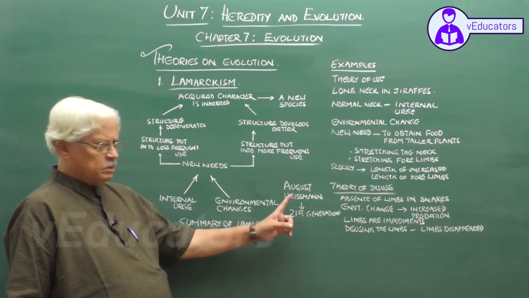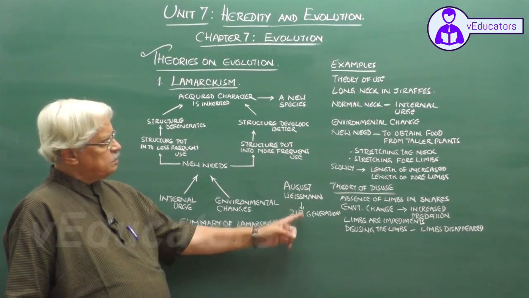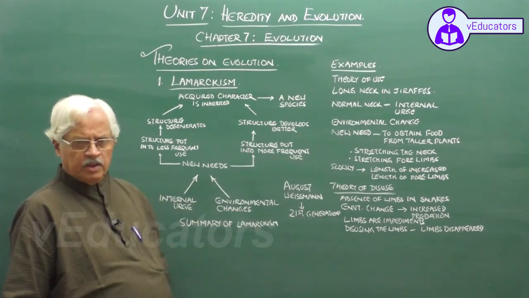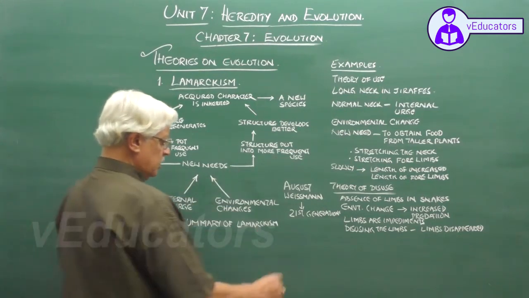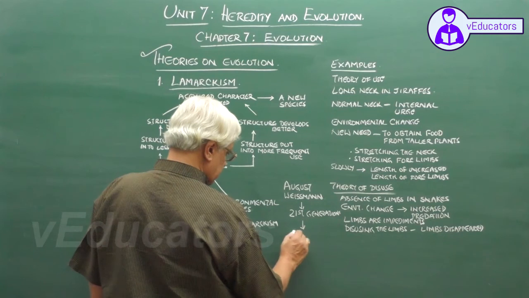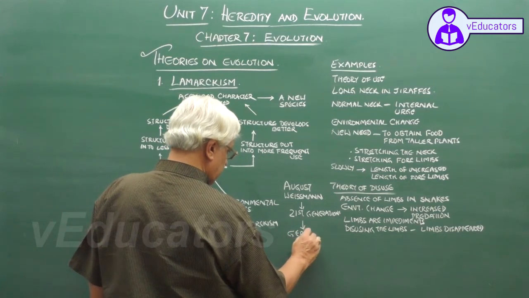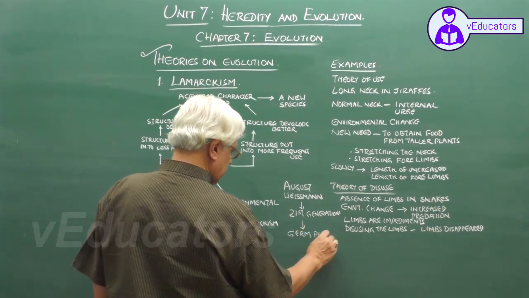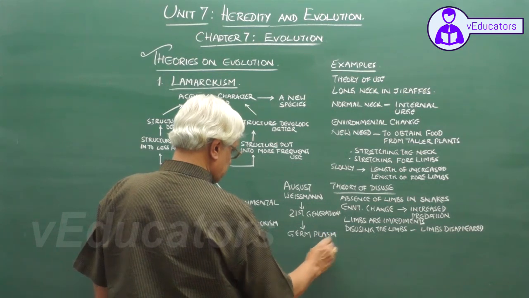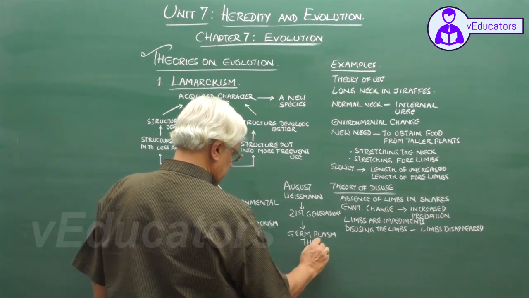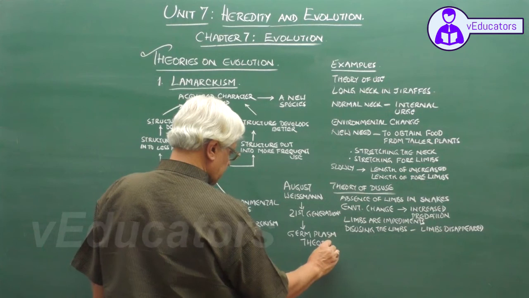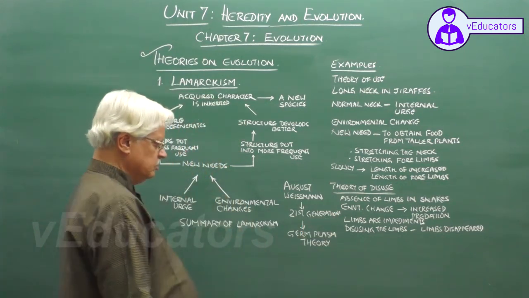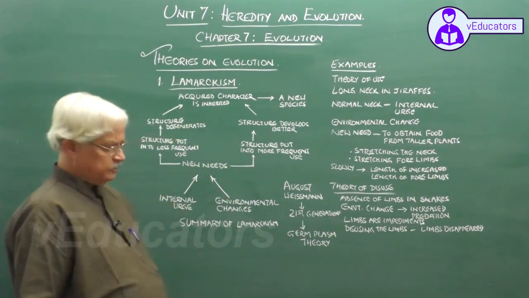So Weismann's experiment experimentally disproved the idea of use and disuse, and he proposed the idea of what is known as germplasm. So his theory is known as germplasm theory.